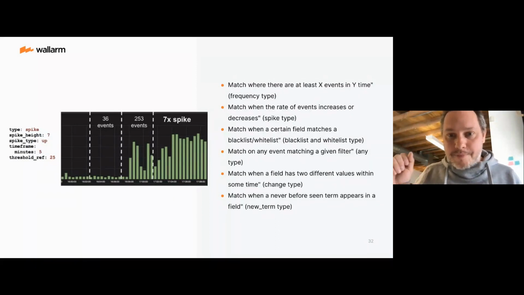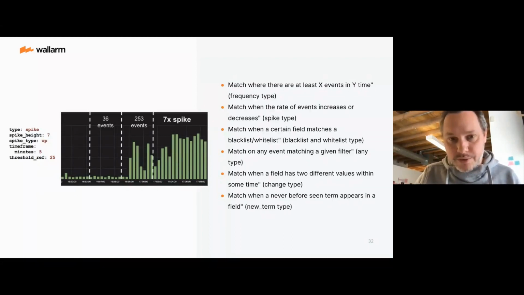Or I want to know when the rate of the events increases or decreases. For example, if the rate of SQL injections for this particular application is increasing really rapidly, I want to send a message to my Slack and make my team know about that. Something like that. Here are some other examples. As you can see, it's super flexible.